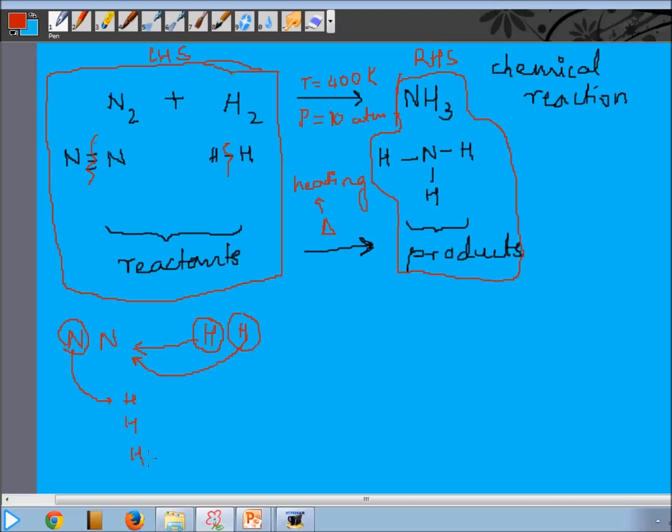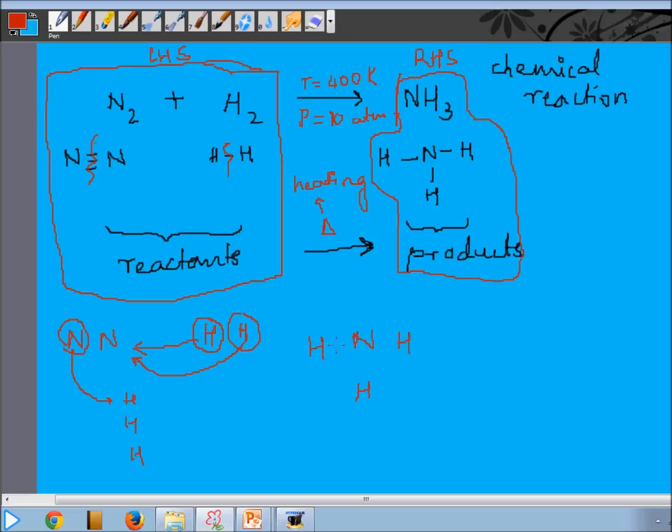There are lots of molecules and lots of atoms which form upon breakage of those molecules. Once the breaking starts, the rearrangement also starts, and with the breaking of bonds I have individual atoms. So there are hydrogen atoms which will come near nitrogen.